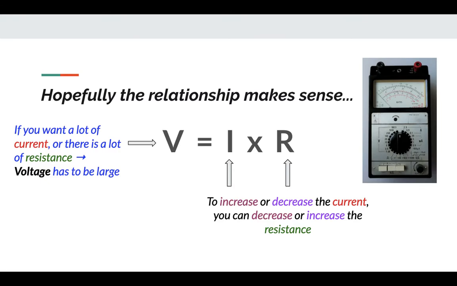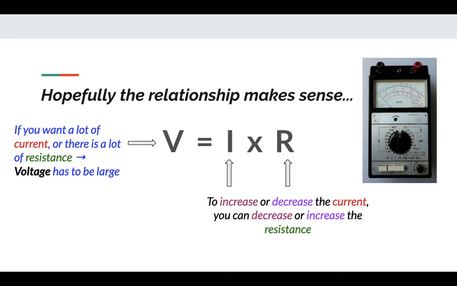But hopefully, the relationship does make sense when you think about it. If you want to have a lot of current, depending on how much resistance there is, it's going to very much shape how much voltage, or how much push there has to be, for the electric charge to go through the circuit. So the voltage will get raised or lowered accordingly.